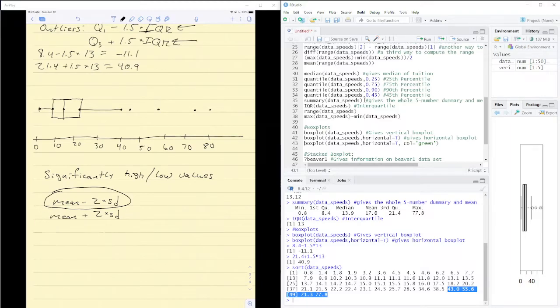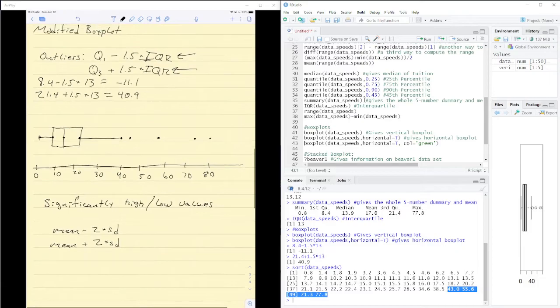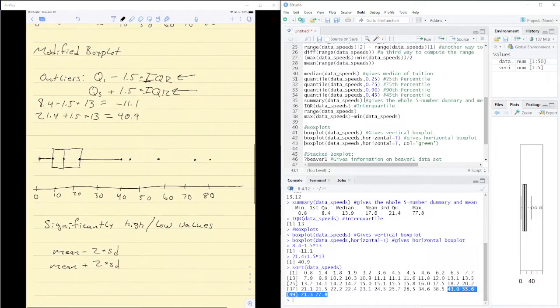Anything smaller than this is considered significantly low, and anything larger than this is significantly high. The cutoff is not necessarily going to be the same as the IQR cutoffs, but it is another methodology of identifying these kinds of points.